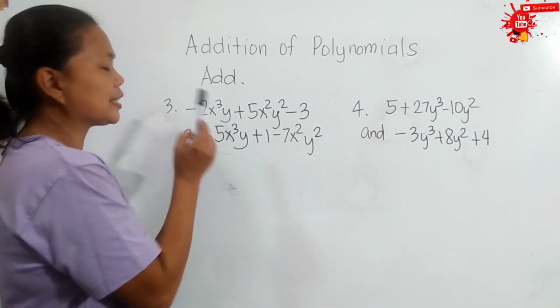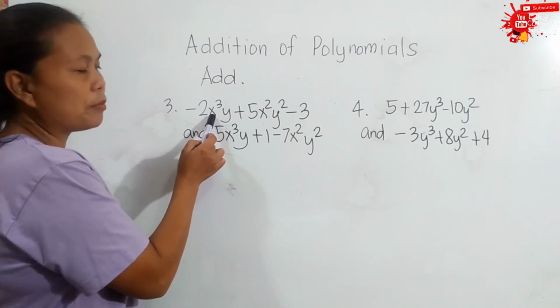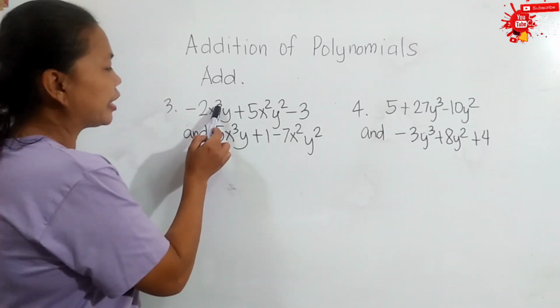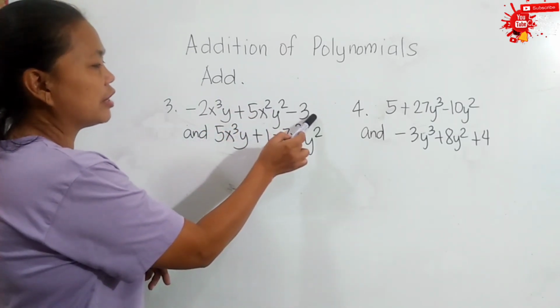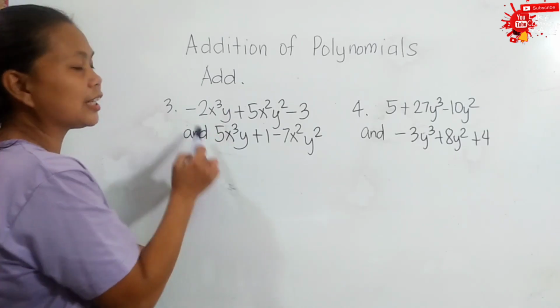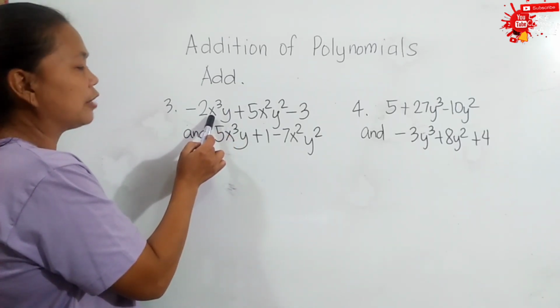So we have x. We will arrange the polynomial according to the degree of the variable x. So we have 3, we have 2, and then we have 0.